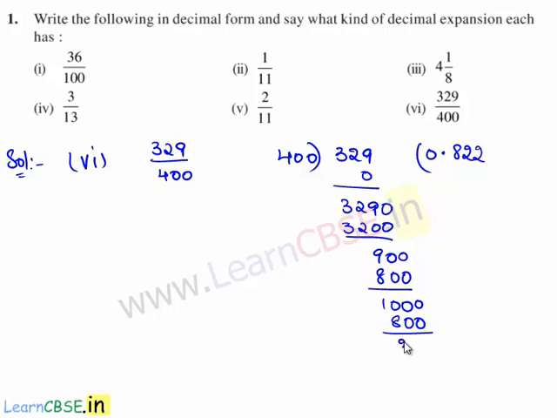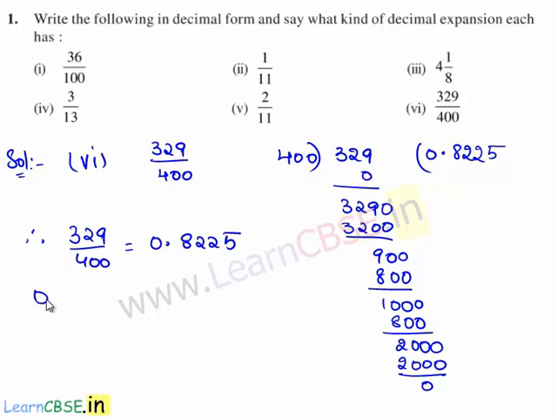The remainder is 200. And because of the decimal point, 200 becomes 2000. 400 goes in 2000 exactly 5 times, as 400 times 5 is 2000. And we are left over with remainder 0. Hence the division stops here. Therefore, the decimal expansion for 329 upon 400 is equal to 0.8225. Here the decimal expansion is terminating.